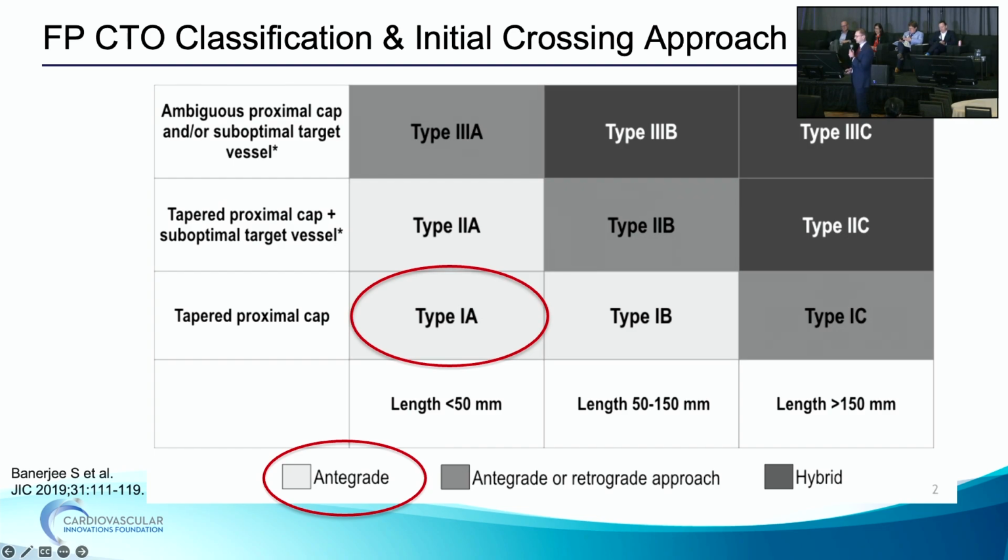So tapered proximal cap would be a favorable anatomy, tapered proximal cap with suboptimal target vessel, depending on the size, how well you can visualize, etc. And so this meets a type 1-8 criteria, and we don't have to go into the numbers, but the bottom line, as all the panelists said, this is a favorable criteria, and you would want to try antegrade here.